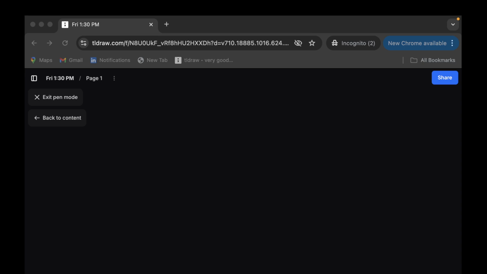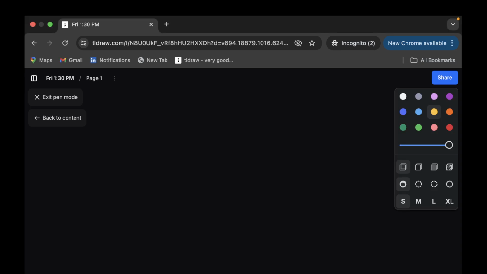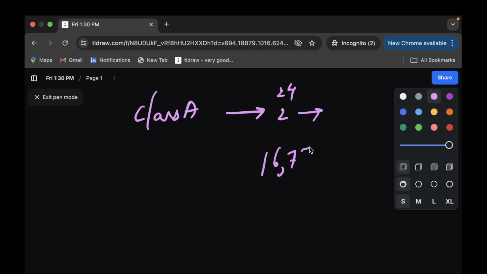If you see in class A, the number of IP addresses that we have is 2 power 24. That means we are going to have 16,777,216 IP addresses, which is about 1 crore 67 lakh IP addresses.